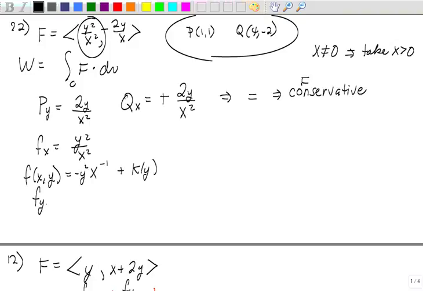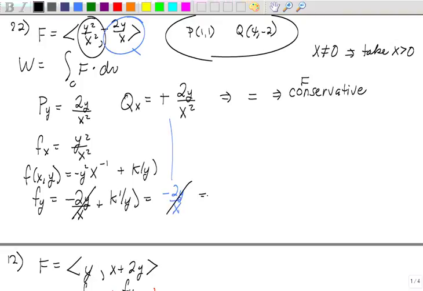Take the derivative with respect to y of that. And that's equal to f of y up here. So that's a constant again, and we'll take the constant to be 0. We can take it any way we want it.